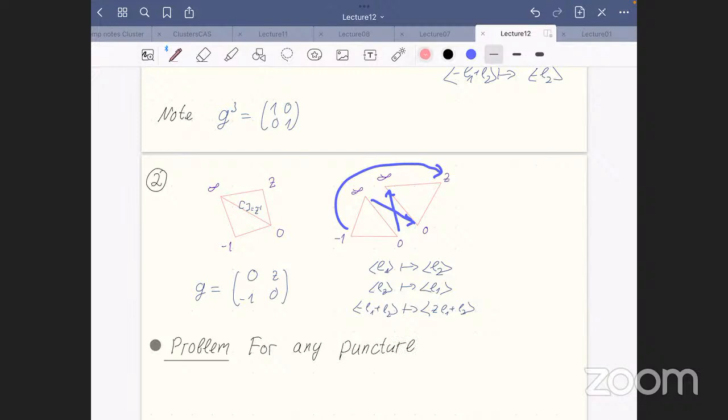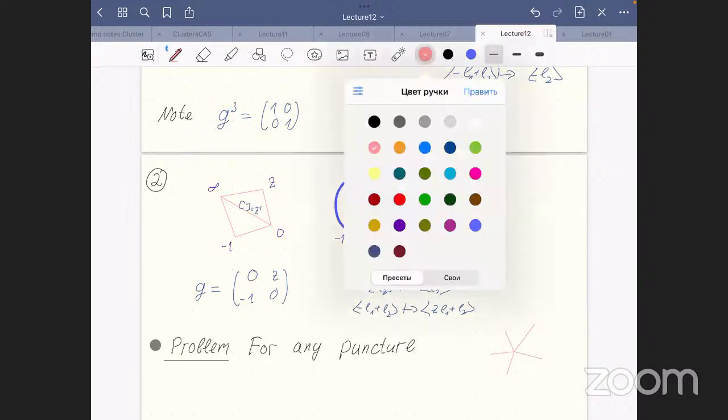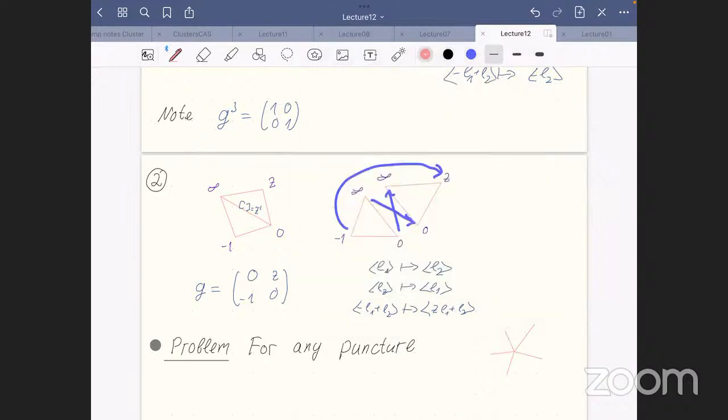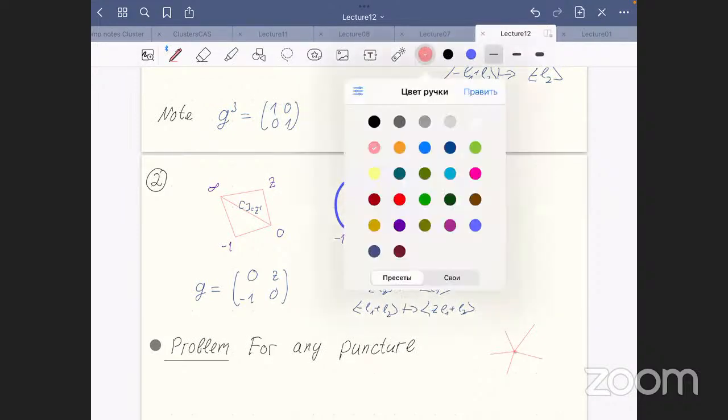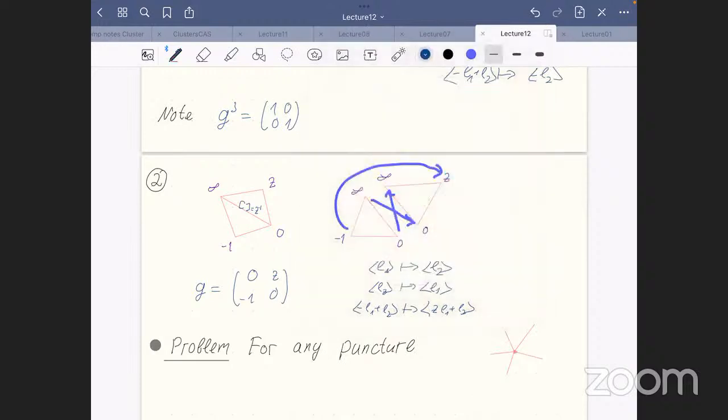Let me draw the picture of this puncture. And let me also write the weights of the edges which are adjacent to this puncture: x1, x2, xk.